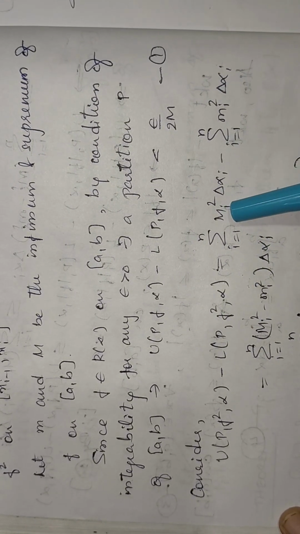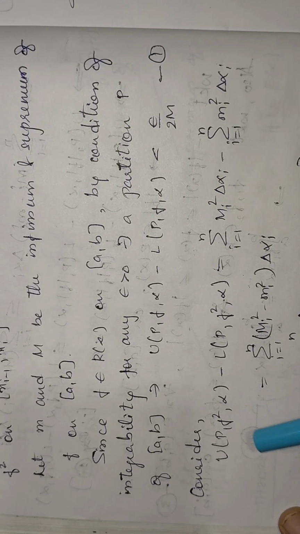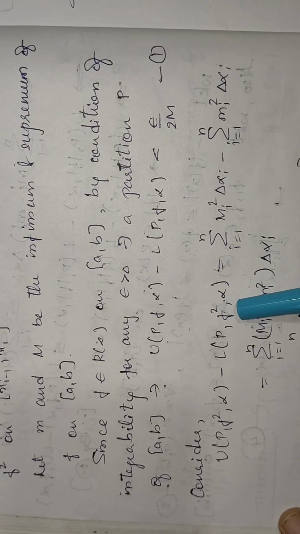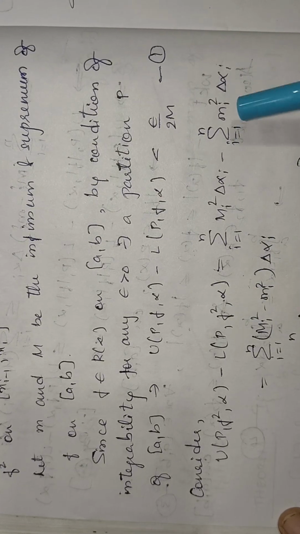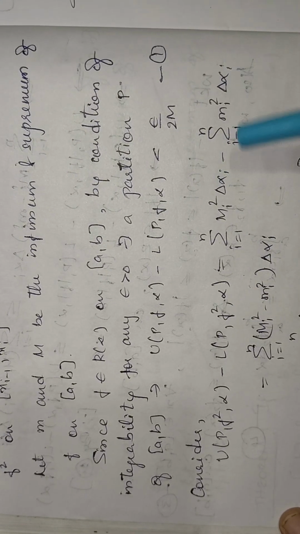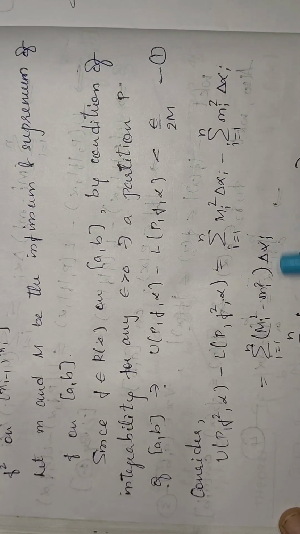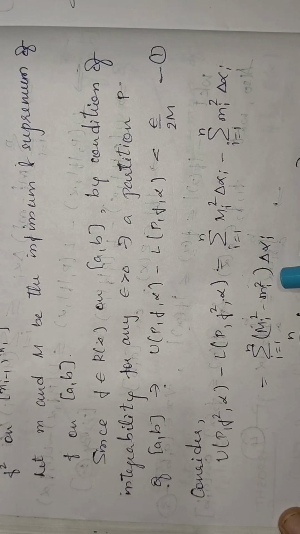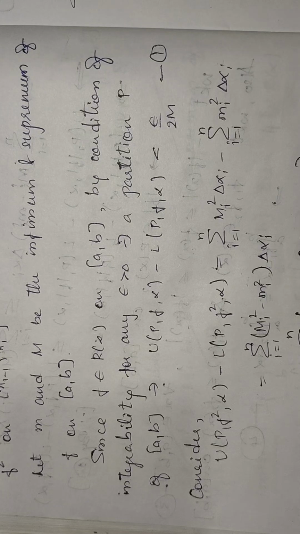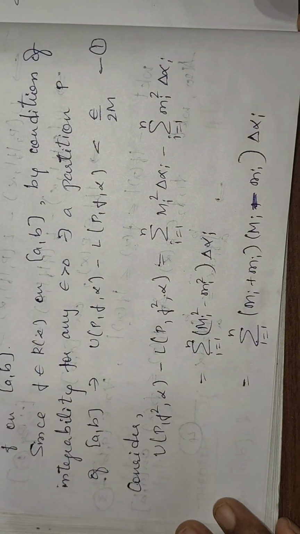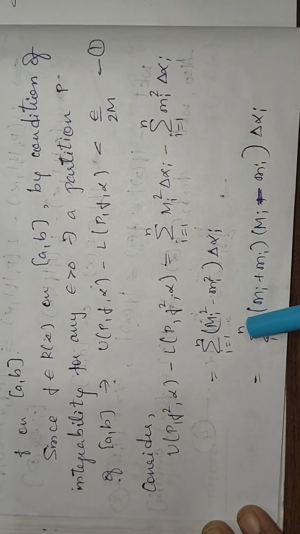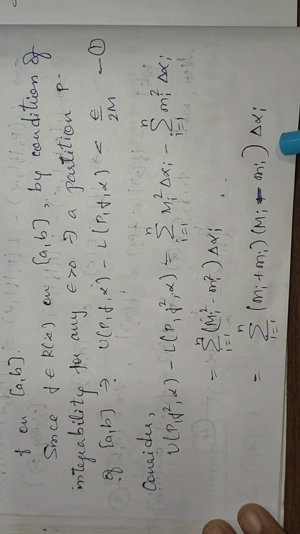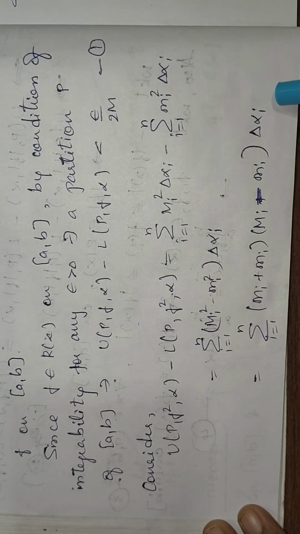Because here capital Mi square is the supremum of f square and small mi square is the infimum of f square. Taking delta alpha i common in these two summations, and using the formula a square minus b square equals a plus b into a minus b, we have summation i equal to 1 to n of (Mi plus mi) into (Mi minus mi) into delta alpha i.